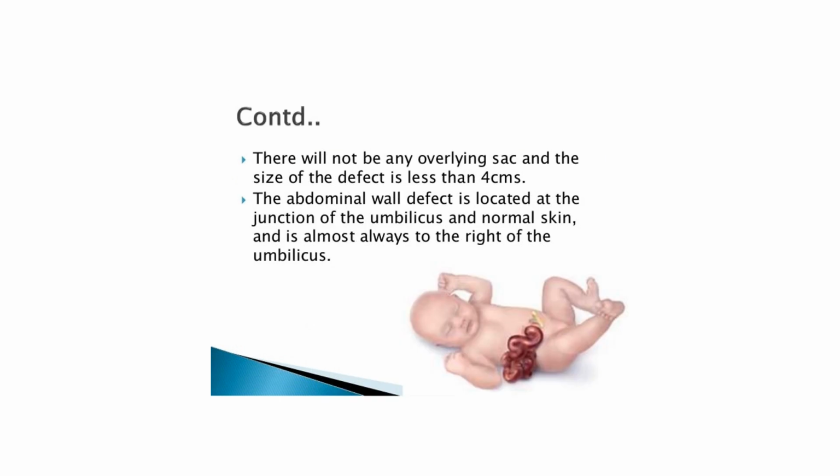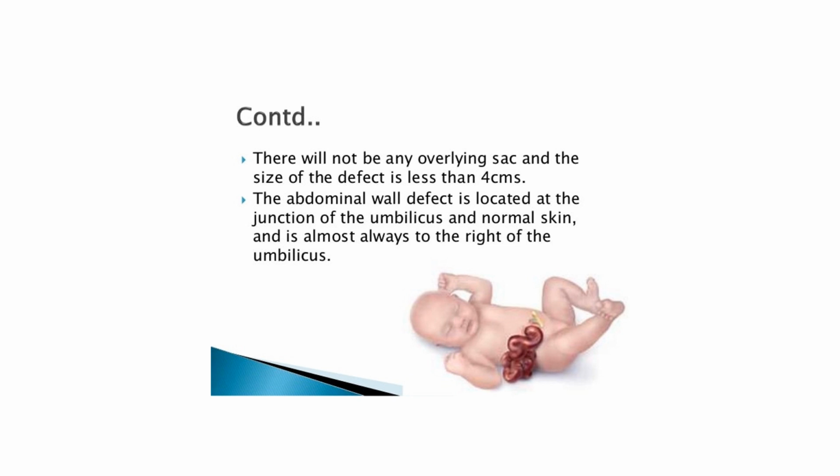Next, there is no overlying sac and the size of the defect is less than 4 centimeters. The abdominal wall defect is located at the junction of the umbilicus and the normal skin and is almost always to the right of the umbilicus.